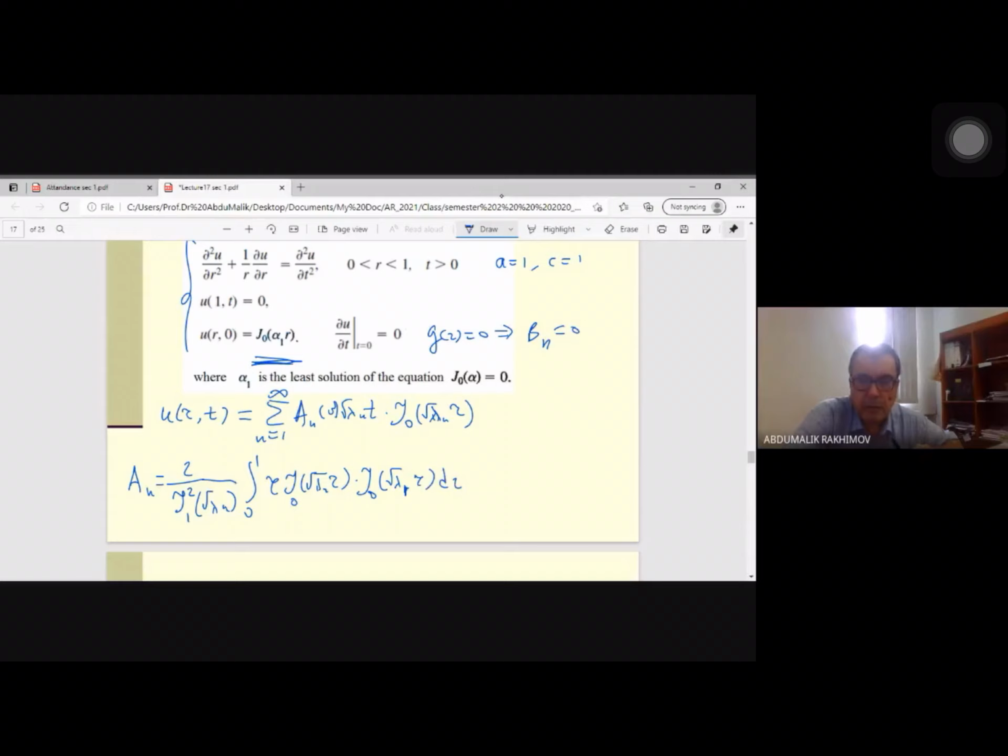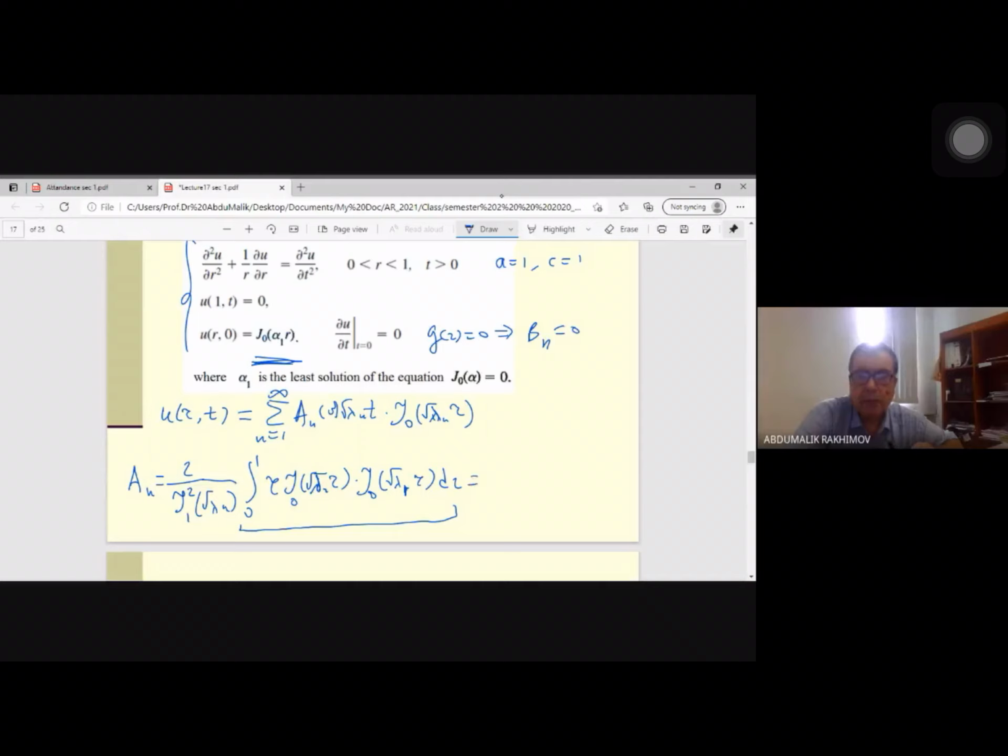If you use orthogonality of these Bessel functions, if you remember orthogonality, this will be 0 if n is not 1, and it is equal to some number if n is equal to 1.